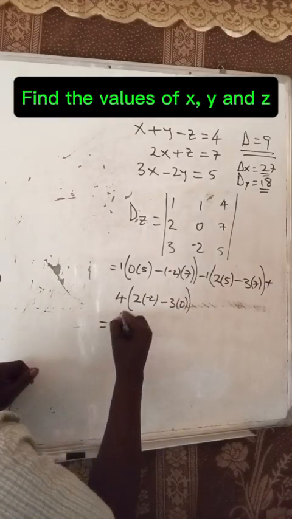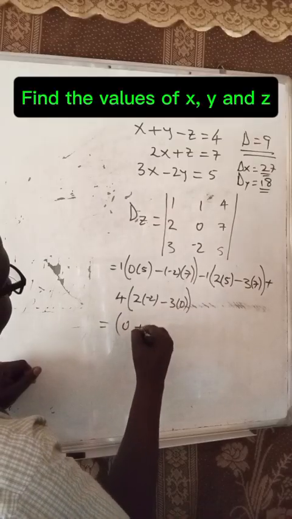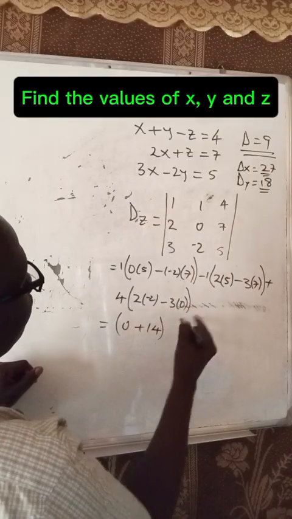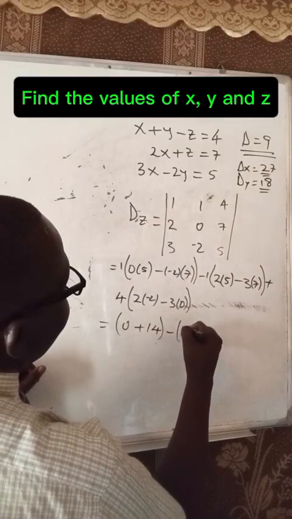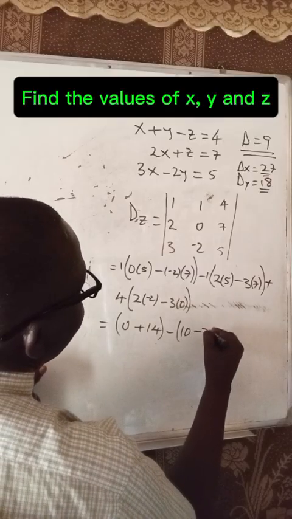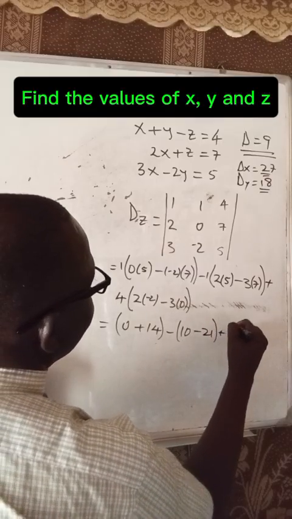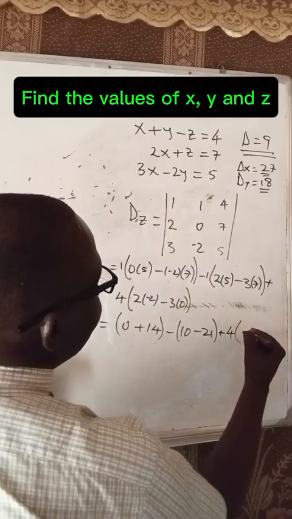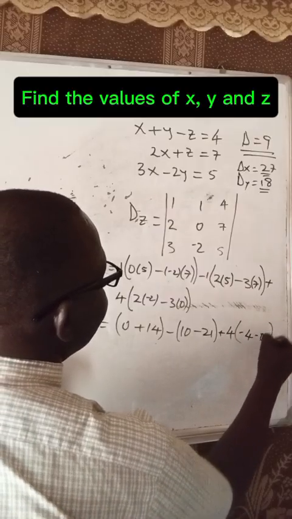Now this is equal to 0 plus 14, minus (10 minus 21), plus 4 times (negative 4 minus 0).